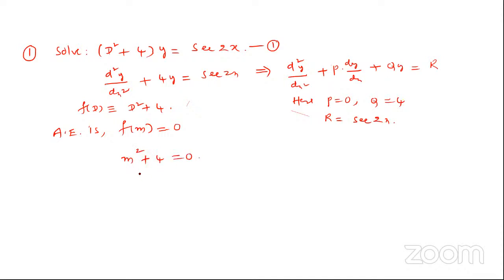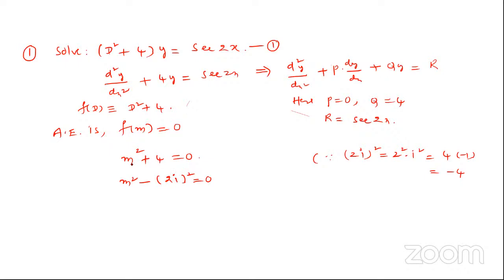So clearly it is a quadratic equation in m. It may be written as m square minus 2i whole square equal to 0. Why? Because 2i whole square is 2 square into i square, so 2 square is 4, i square is minus 1, this gives minus 4, but with the minus sign before it, minus of minus 4 is plus 4.